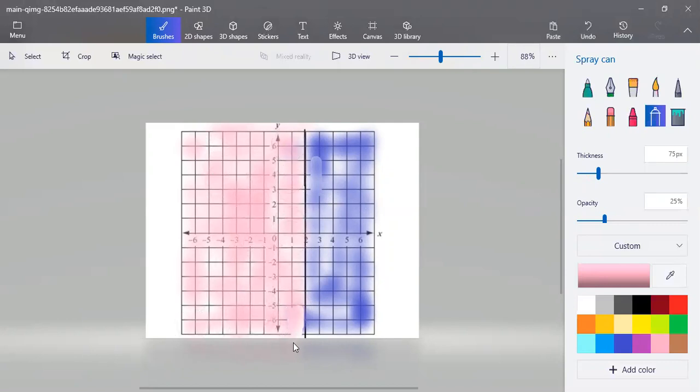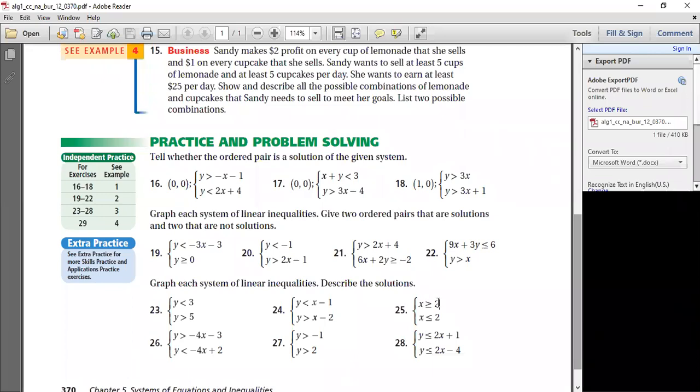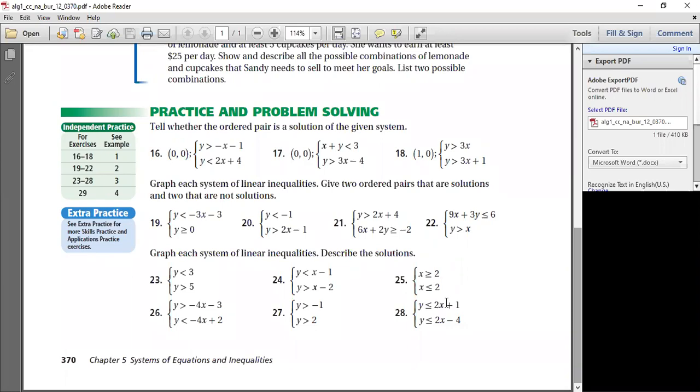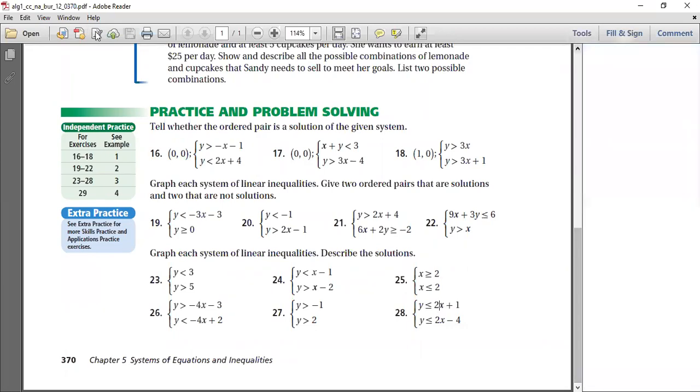Now how are we going to describe the solution for this inequality? How do you think we're going to, like, the whole graph is colored, so what are we going to say? We just have to say that all points are solutions. Simple. See, I'll show you the page here. Once we colored that, the whole graph was colored, which means you just have to say all points are solutions.